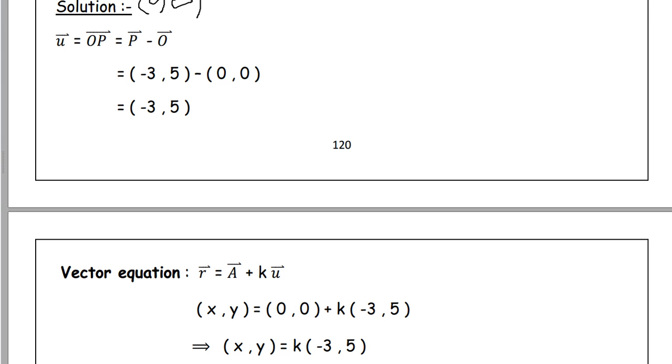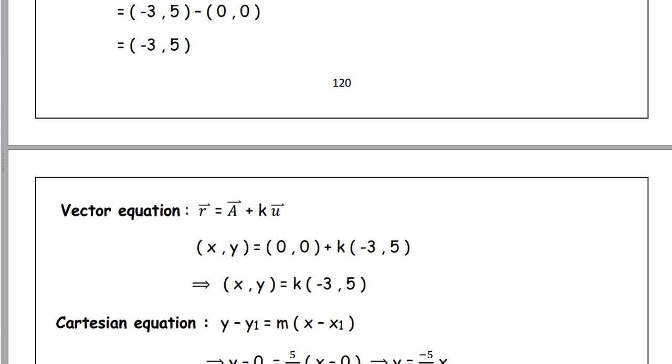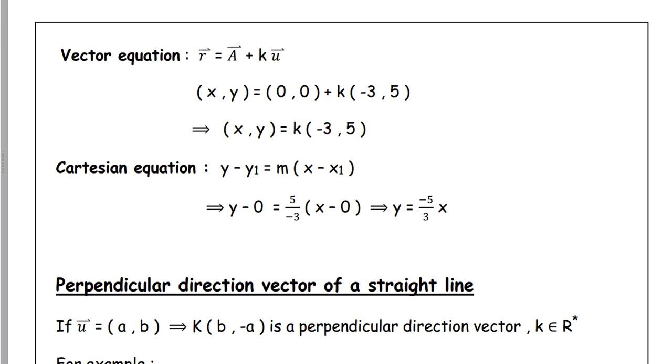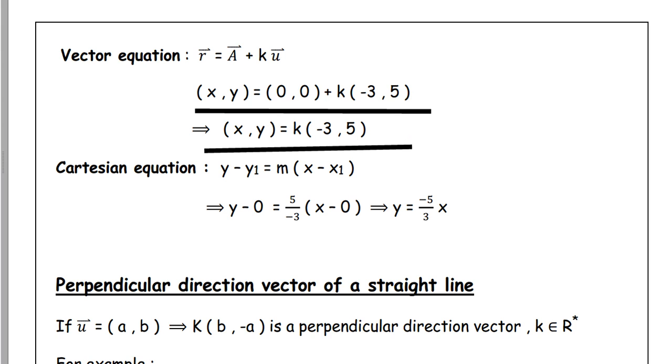Vector equation: r equals a plus ku. So x and y equals 0 and 0 plus k by negative 3 and 5. The 0 here doesn't change anything, so it is k by negative 3 and 5.